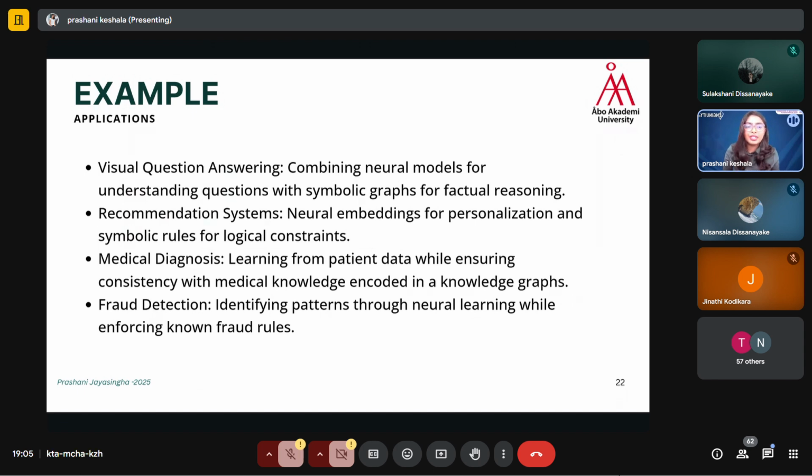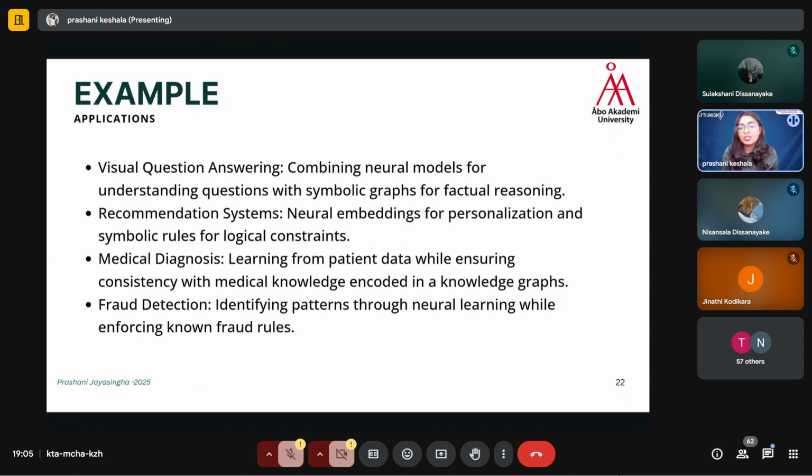And then, of course, fraud detection, identifying patterns through neural learning while enforcing fraud rules. If you have, let's say, in a company, documentation of rules and regulations that need to be followed, let's say in an industrial complex, neurosymbolic is a really great idea because with symbolic AI you can build all these rules and put them into a neural network.